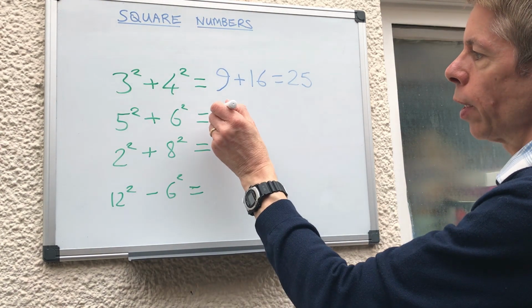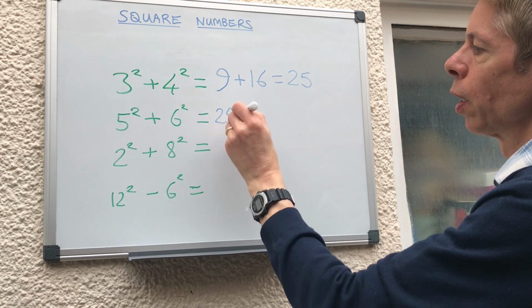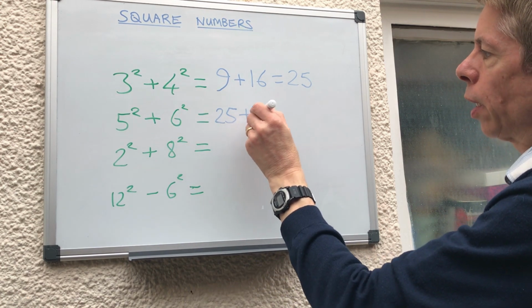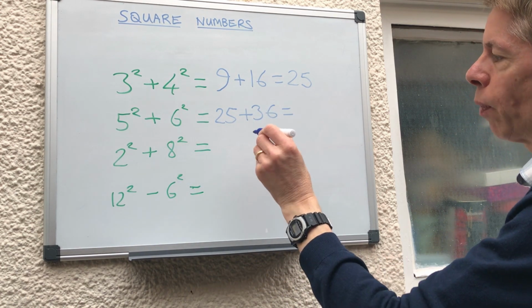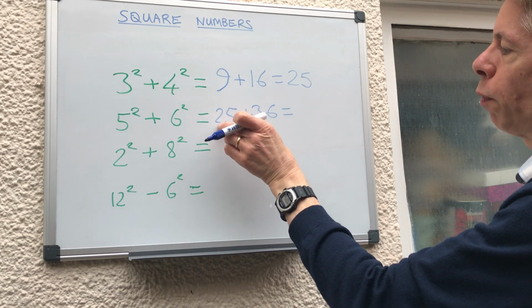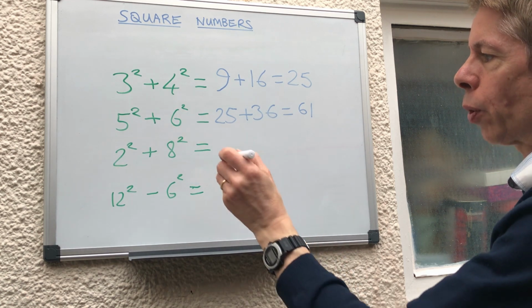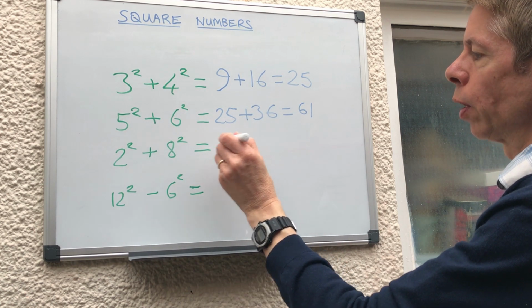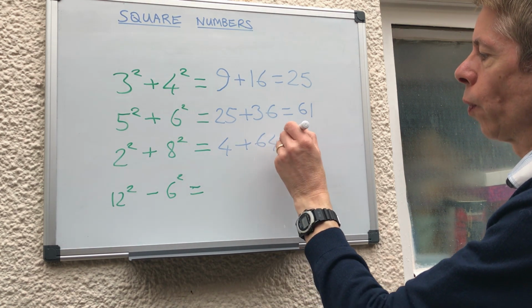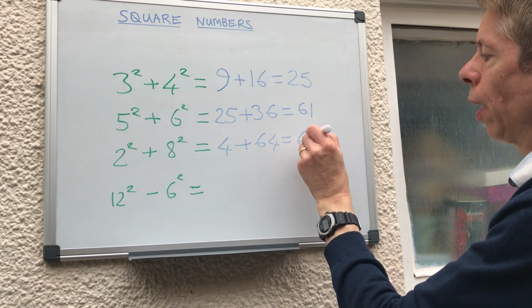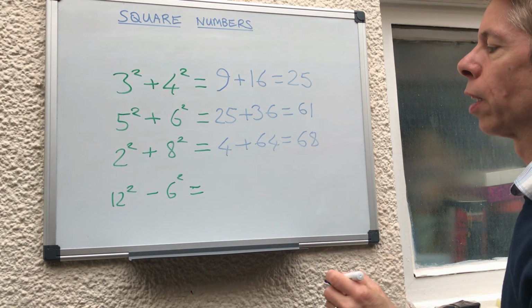Okay, so 5 squared is 25, 6 squared is 36, add them together and we get 61. Okay, 2 squared is 4, 8 squared is 64, add them together and you get 68.